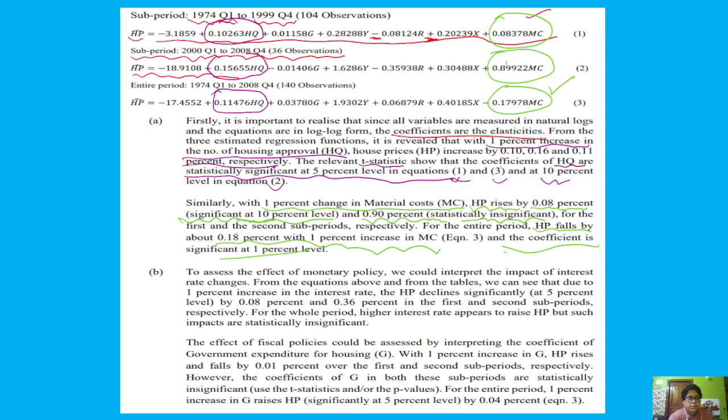So you can see from here, we're looking at interest rate, this one interest rate, and we're also looking at G. Okay, now, so you can see that if there is 1% increase in the interest rate, the HP declines by 0.08, significant at 5% level, at the first period, 0.36% in the second sub period, right?